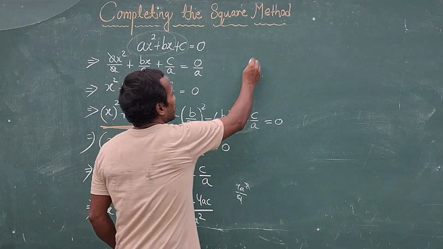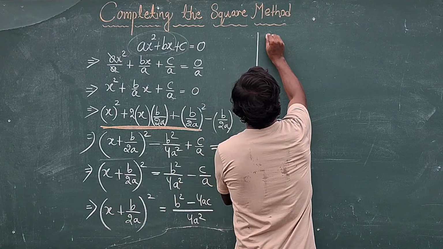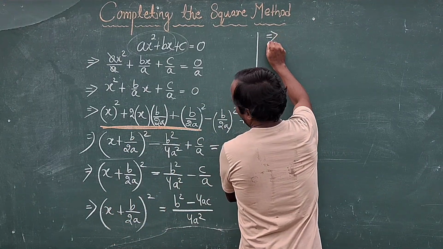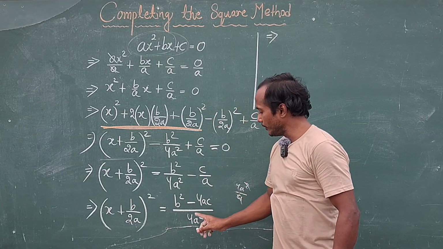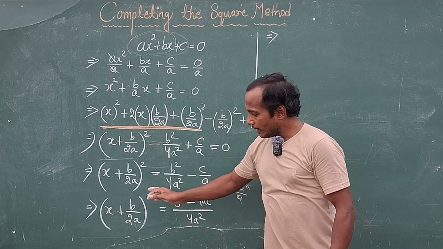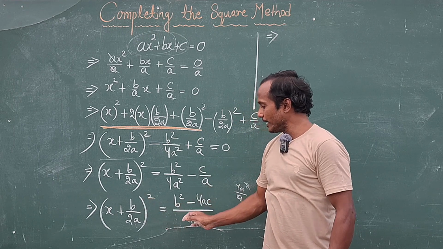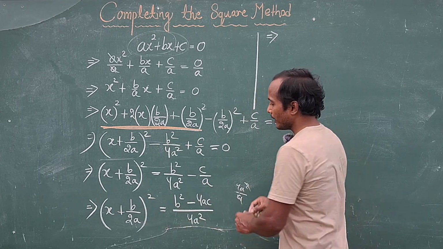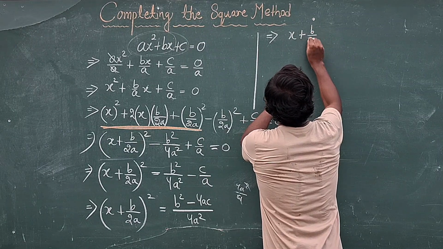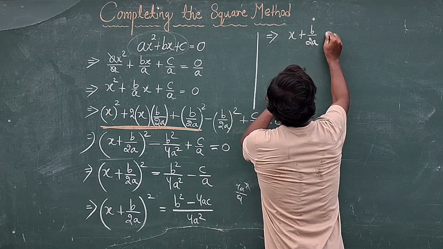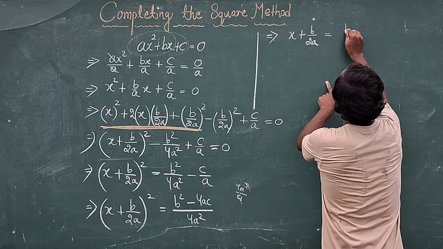Next step. I had x plus b by 2a whole square is equal to b square minus 4ac by 4a square. I will remove this square now. If I remove the square from the left side, then the right side will have a square root.